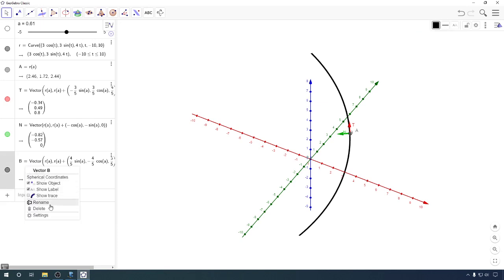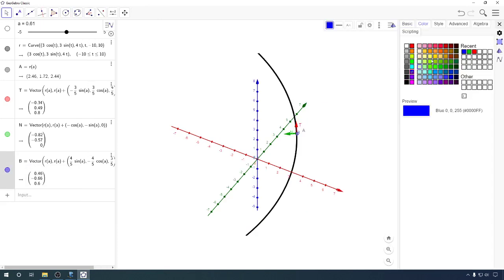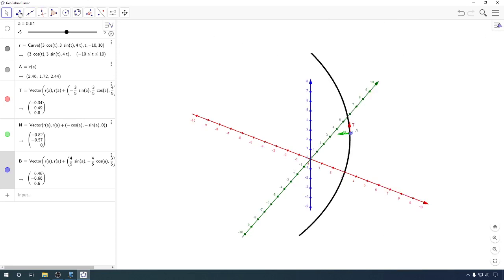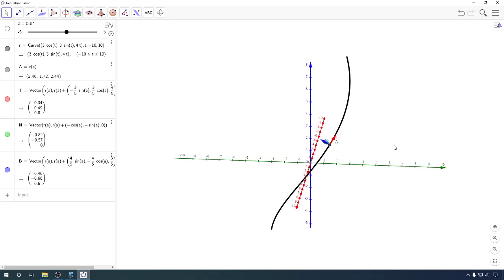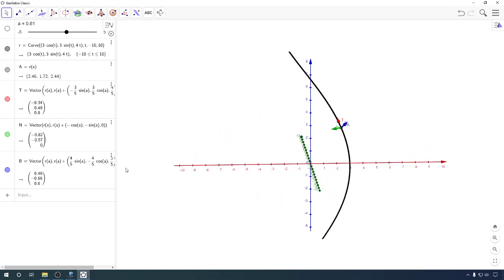And again, I'm going to give this a color. I already mentioned before that I'm going to make that a blue color. Can't really see it in this particular case, but the binormal comes off in this direction here. Maybe it's a little easier to see in this orientation.